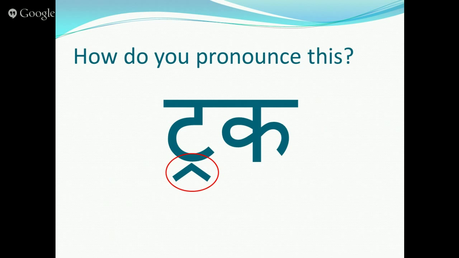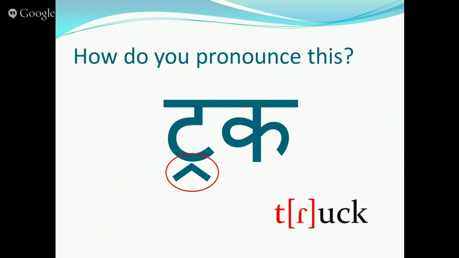Hint, hint. This would be pronounced through, sorry, truck. I threw you off. Truck, truck. Sound familiar? Truck.